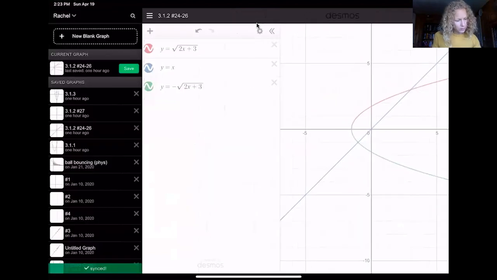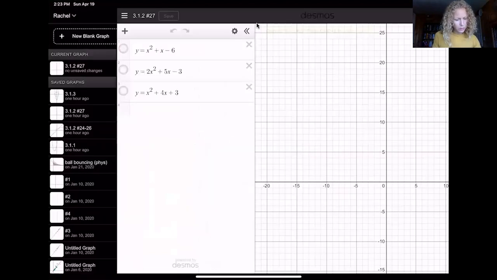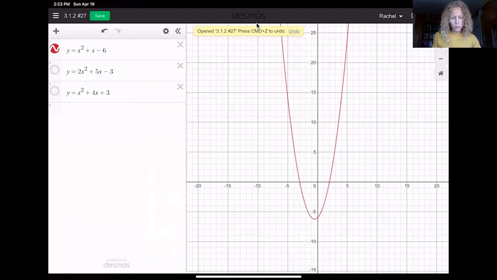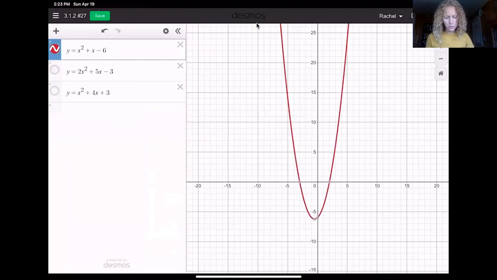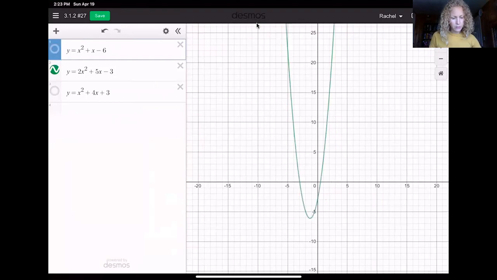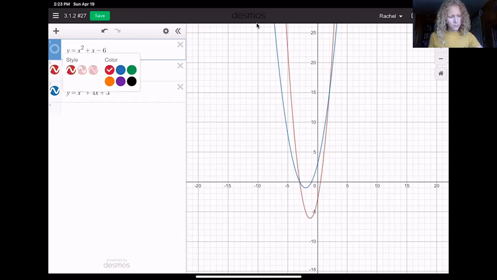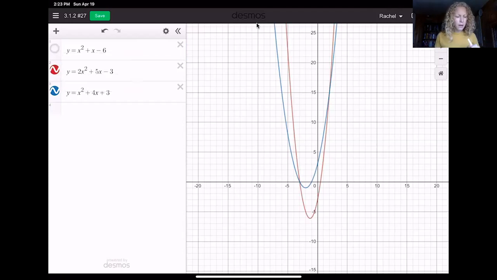Let's see, I've got another graph here for us. This is number 27. So this is the graph of just x squared plus x minus 6 with two solutions, -3 and 2. If we graph the other two equations, which now are green and blue, I'm going to change this one to red just to match what we had before.